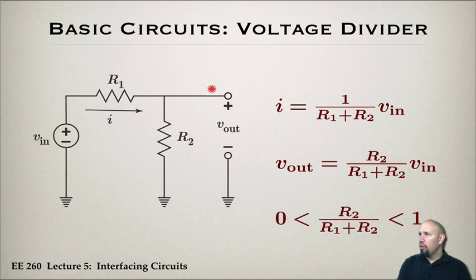So we can just ignore this stuff over here, and we have these two resistors, and the total resistance of these two is R1 plus R2, which means the current coming out of this voltage supply is equal to this voltage divided by the sum of the resistances. That's how we get this current.